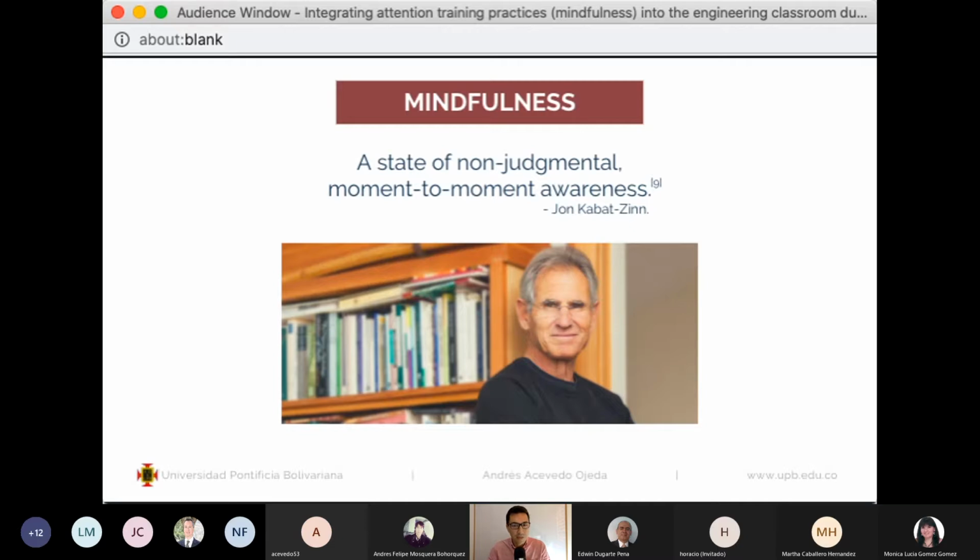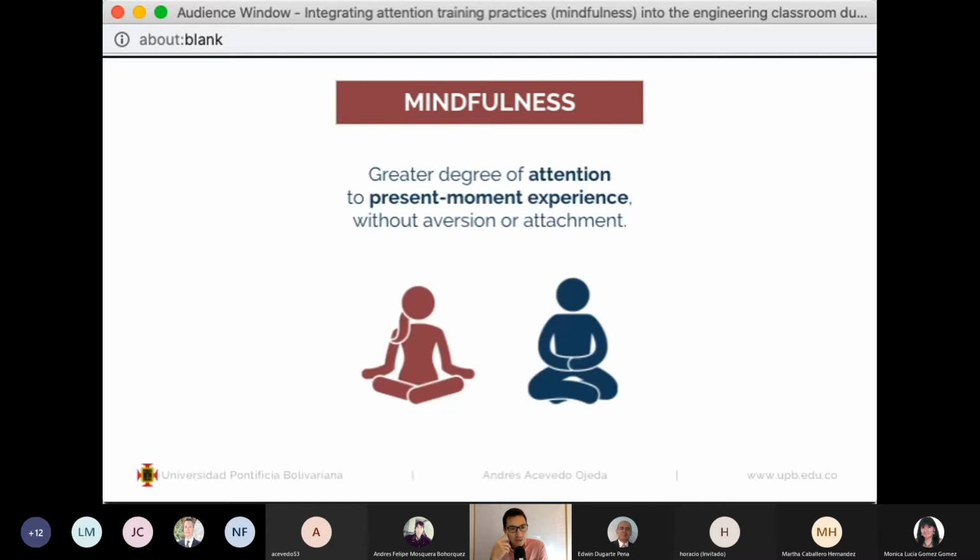Kabat-Zinn is a professor of medicine and the creator of the Stress Reduction Clinic and the Center for Mindfulness in Medicine, Healthcare, and Society at the University of Massachusetts Medical School. Mindfulness is basically a greater degree of attention to present moment experience without aversion or attachment.